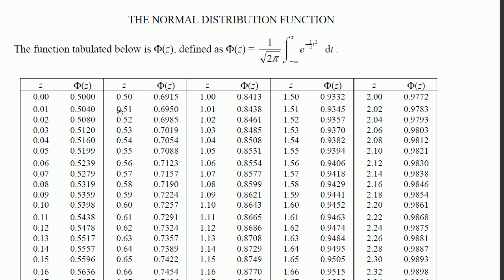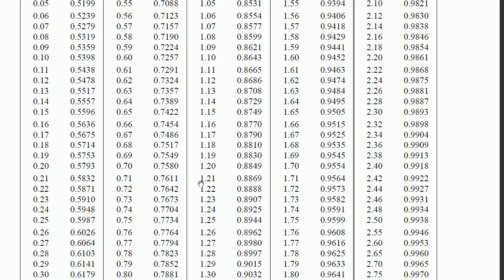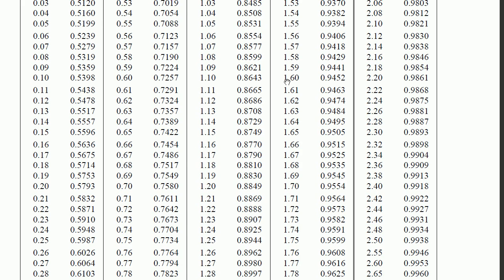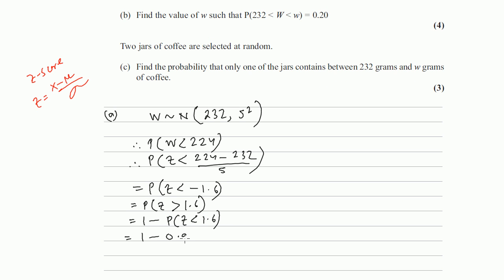So here we are looking for 1.6. So this is the Z and this is the probability. So 1.60 is 0.9452. So if you subtract it, 0.0548.